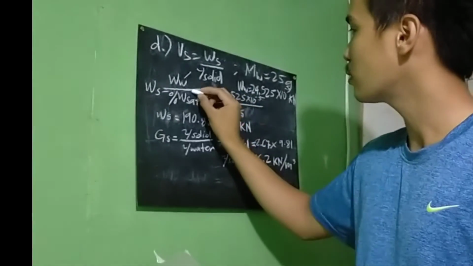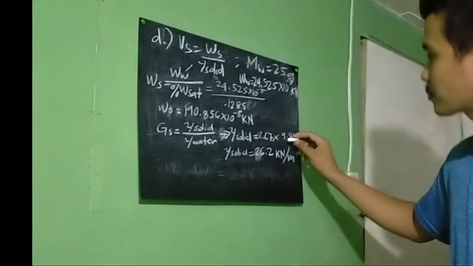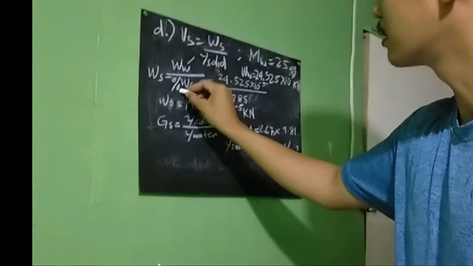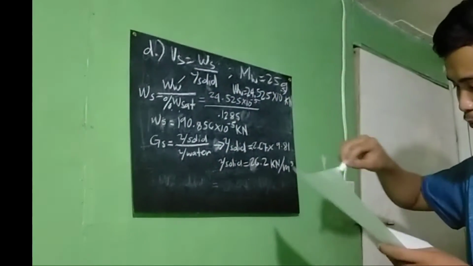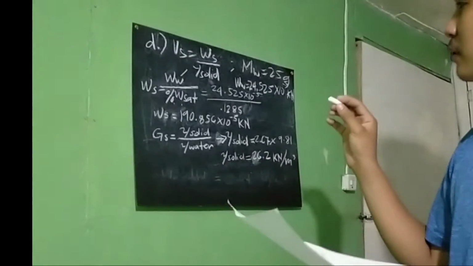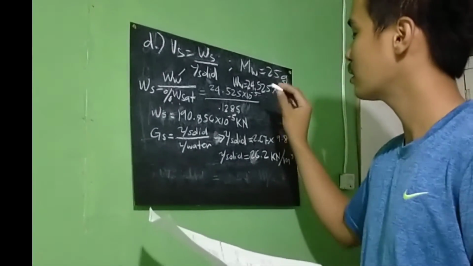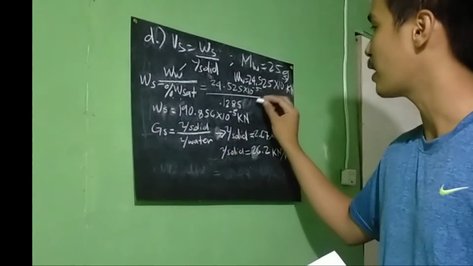We got this in letter B. The water content saturated is equal to 12.85%, but convert it into decimal, which is 0.1285.